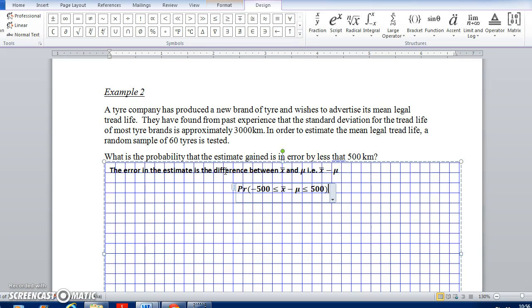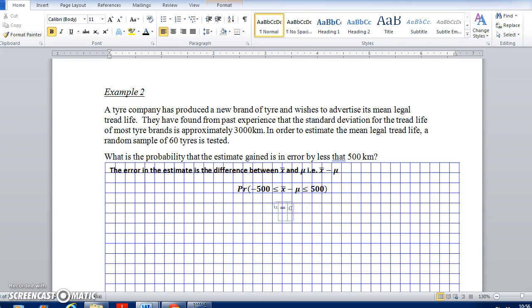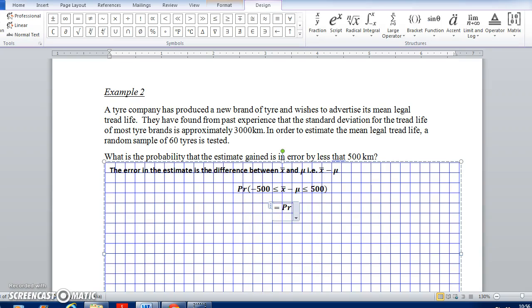So it's not entirely obvious where to go from here, but with the inequality that we have in the above line, if we divide everything by sigma divided by the square root of n, which is basically just our standard deviation for a sample size of n, we go through and divide everything by that.